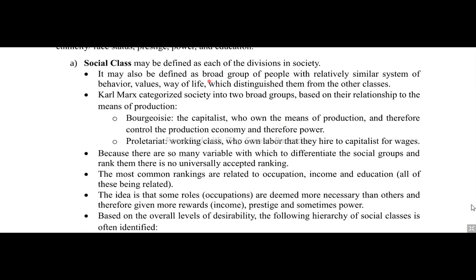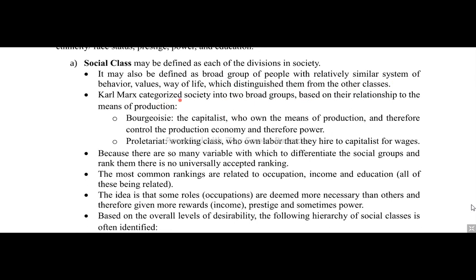It may also be defined as a broad group of people with relatively similar systems of behavior, values, ways of life, which distinguish them from the other classes.